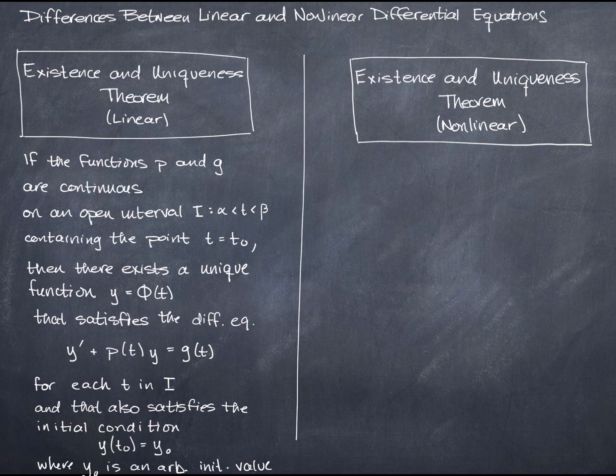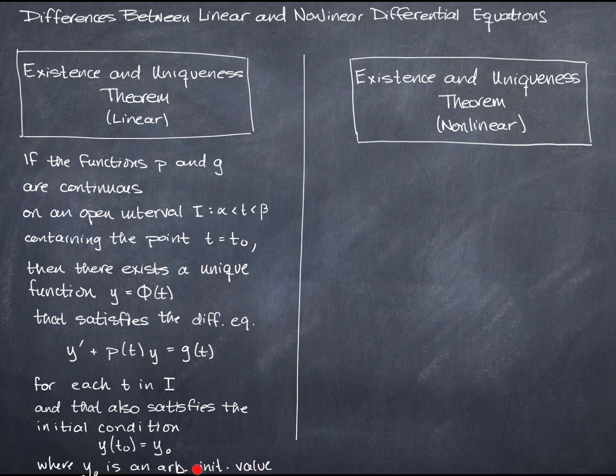And this solution will also satisfy the initial condition: where you plug t naught into this function, it'll spit out y naught. And y naught is an arbitrarily determined or prescribed initial value.